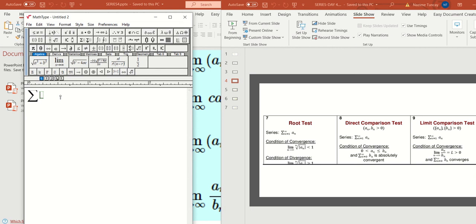In this series it says a n, so I'm going to write a n here. These types of series are a1, a2, a3.